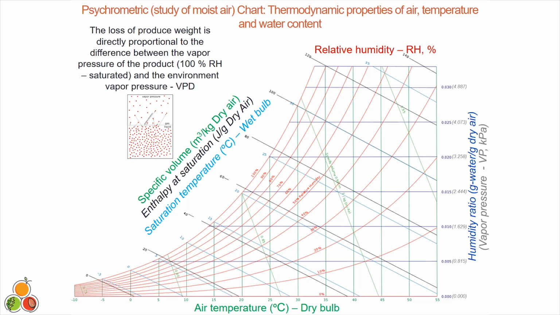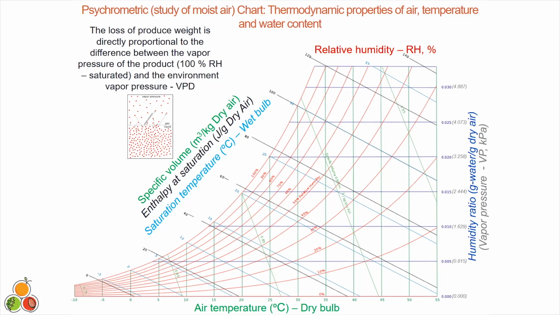Let's look at the effect of temperature in comparison with relative humidity. Basically, what we need to look at here, and this is really crowded, I'm sorry, and we don't have a lot of time to explain this little guy here. If you want to learn how to use this exhaustively, come to our short course. We show you a whole afternoon of how to use psychrometrics. And it's really nice to learn this.